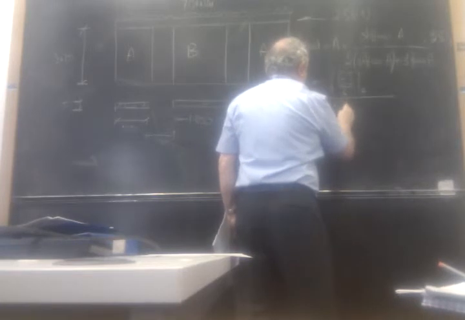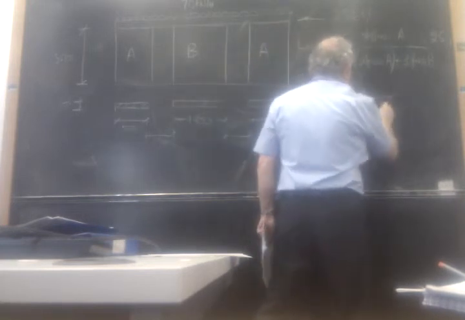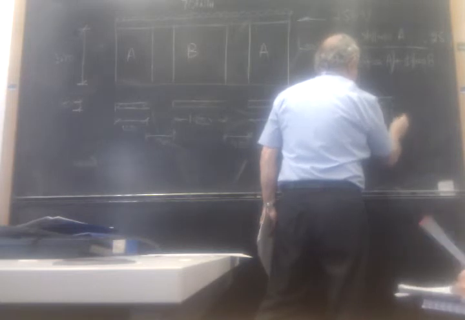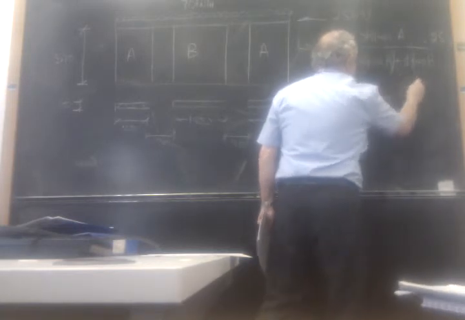So EI over L for A over 2 EI over L for A plus EI over L for B, all times 25. So what's L in this particular case?